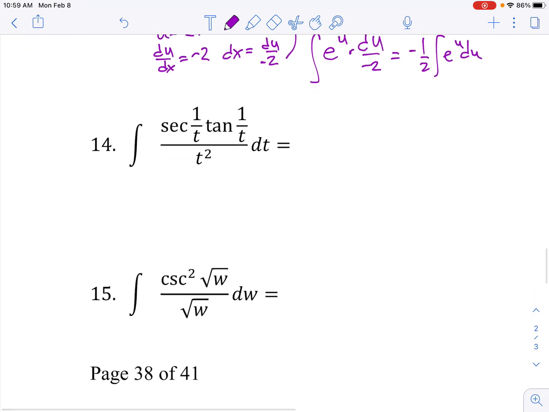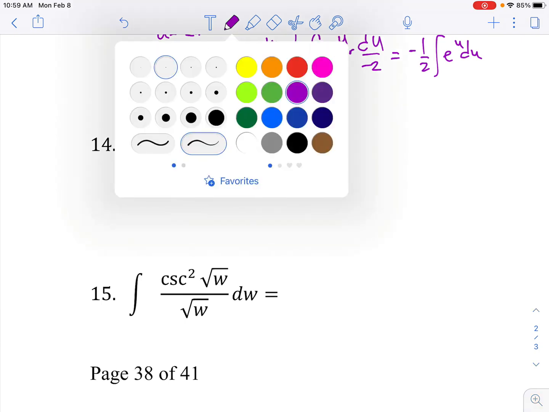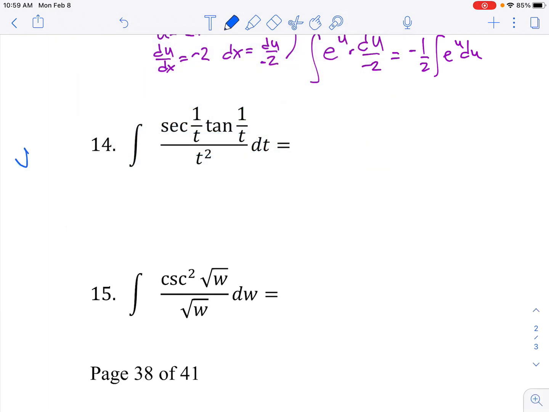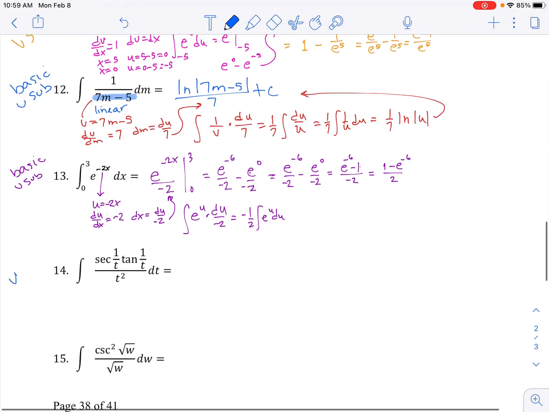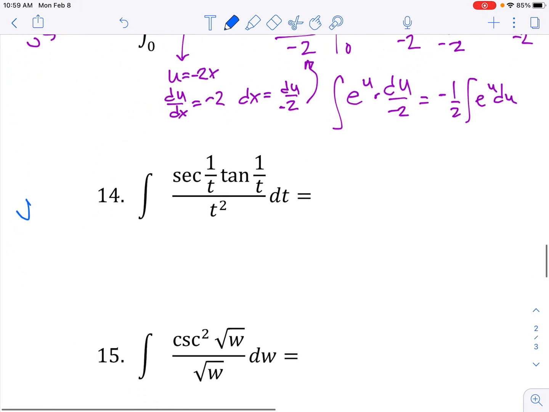Okay, so these last two fall into the same category. They're both u subs. If you haven't gathered by now, u subs are super, super popular, right? So this is a u sub because I see a function and its derivative.